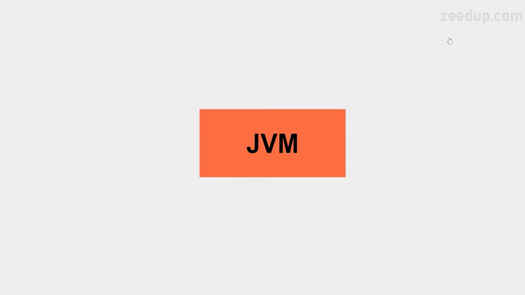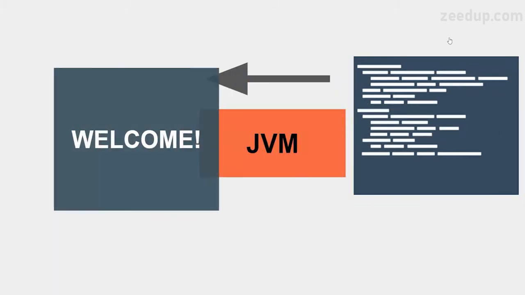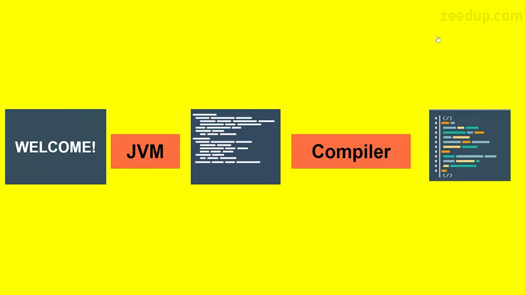The JVM is a machine which takes the Java bytecode produced by the compiler and executes the code.